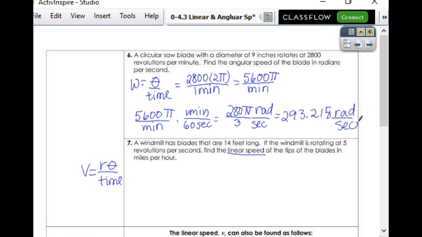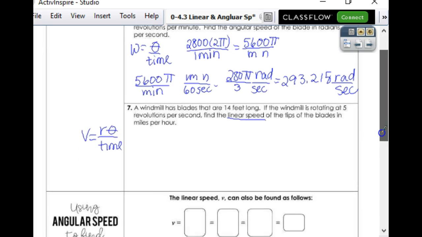Okay. You can check number 6. See if you got it right.